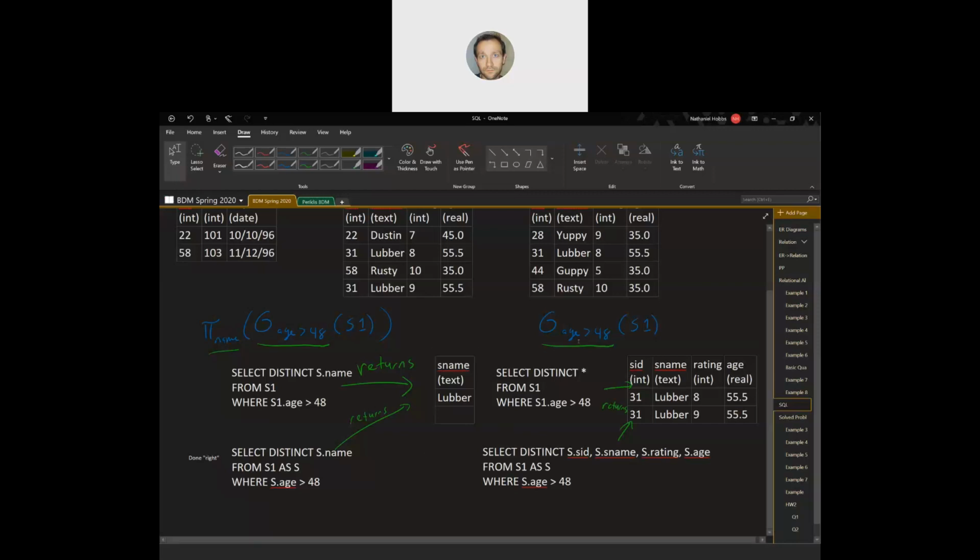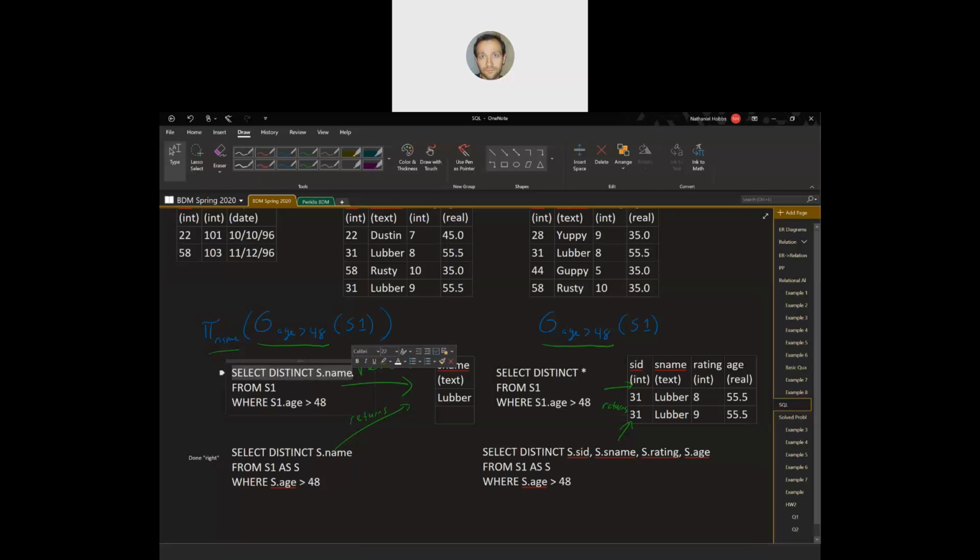So here, the relational algebra select is applied to every single tuple of the relation, and the select is happening here in the where statement. The project is what happens in the select portion of a SQL select statement.